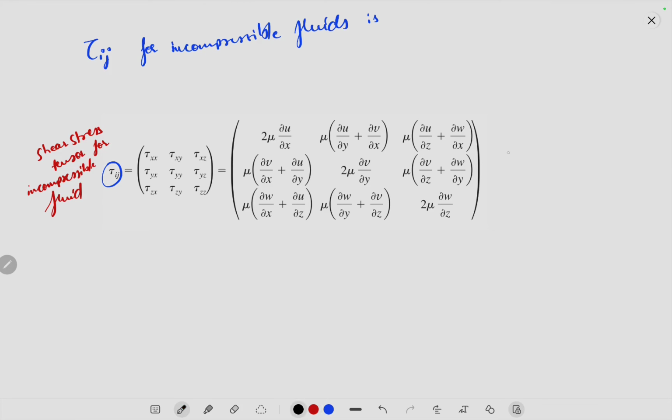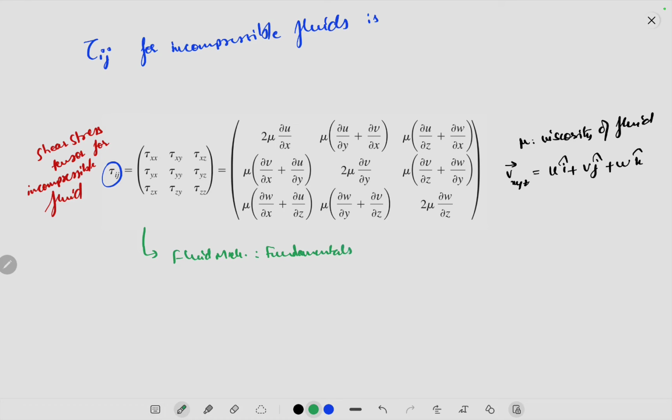Okay, what is mu? Mu is the absolute viscosity of the fluid, and the velocity field is u i hat plus v j hat plus w k hat. Okay, this equation I have taken from the book Fluid Mechanics: Fundamentals and Applications by Cengel.